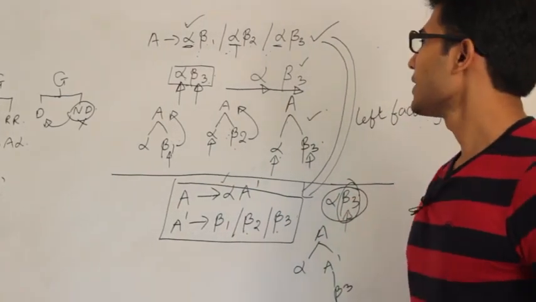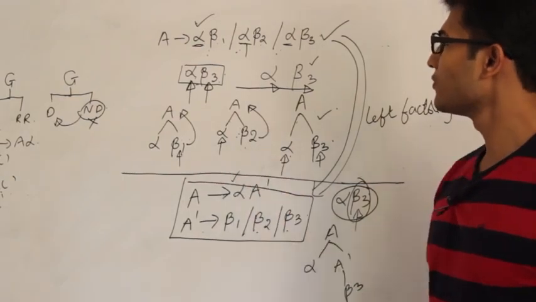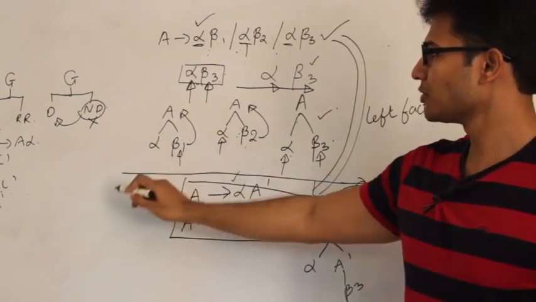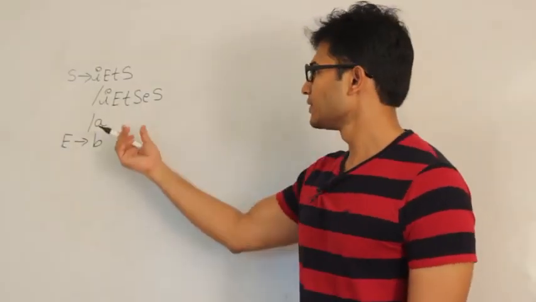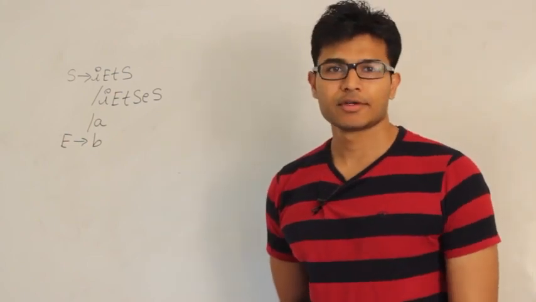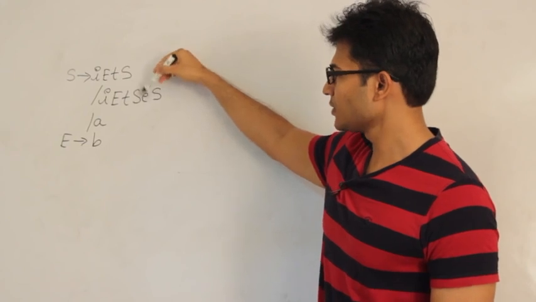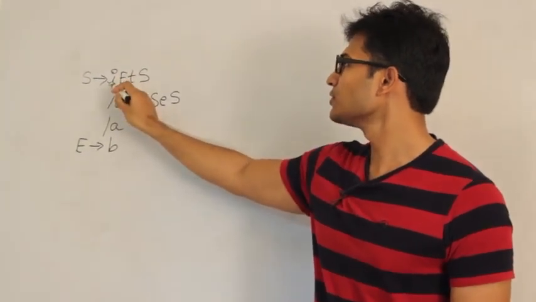Okay, so let's see some examples on how to use this left factoring rule in order to convert non-deterministic to deterministic. Let's see this grammar. Is this grammar non-deterministic? Yes, the reason is, these two productions have something in common, right? So at least you have I in common.